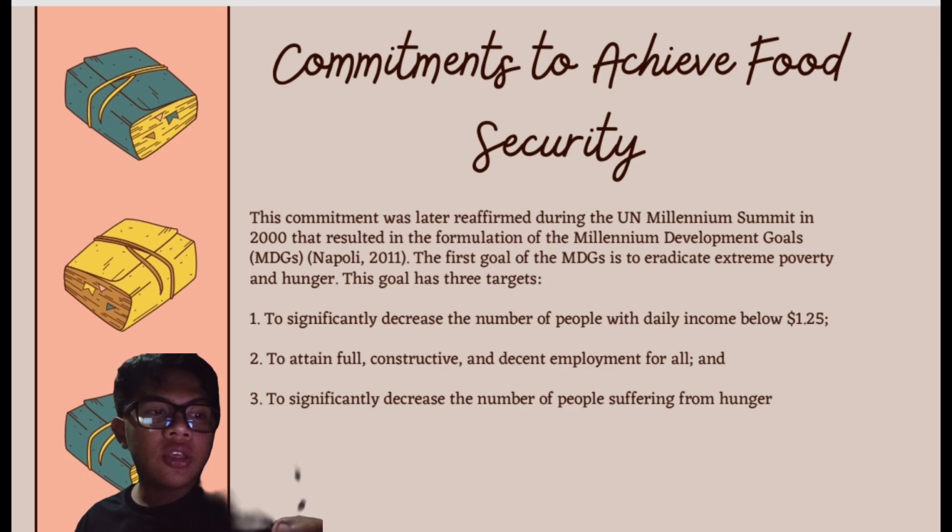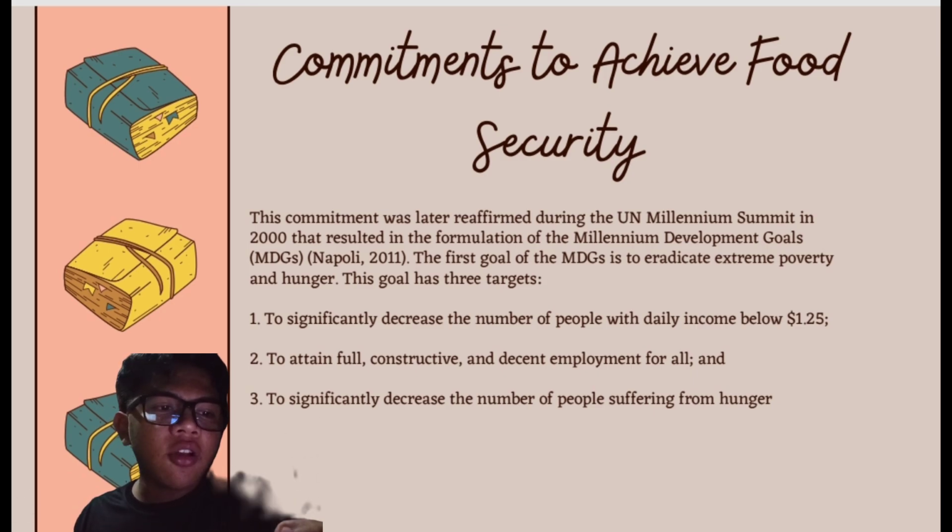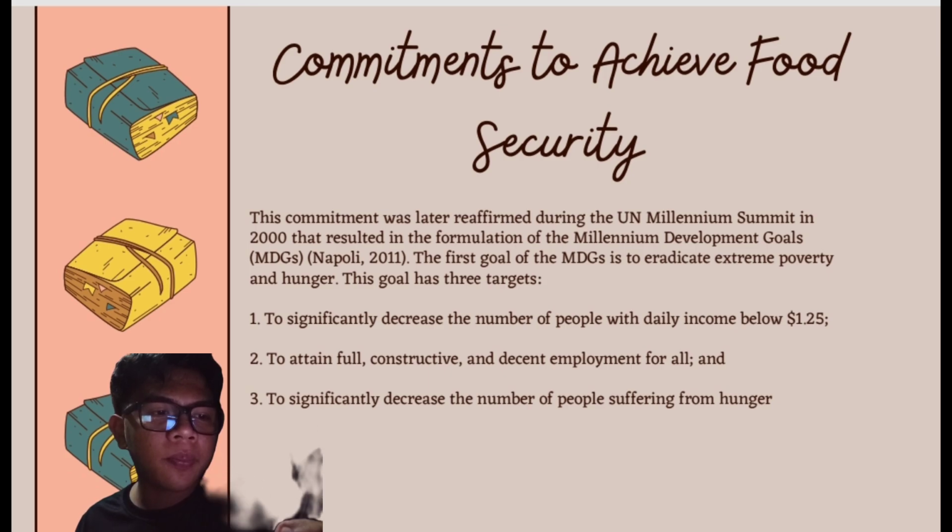In 2015, UN member states adopted the 2030 Agenda for Sustainable Development. This encompasses the 17 Sustainable Development Goals that will guide governments, private sectors, and civil society to address the global issues of poverty, inequalities, and climate change. Sustainable Development Goal number 2 is to achieve zero hunger.